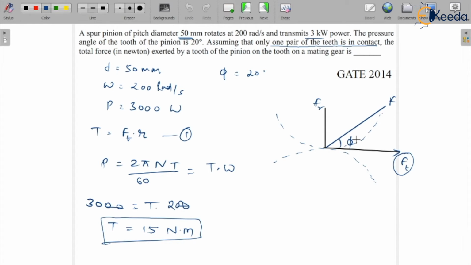Now we know that phi is 20 degree, and we know that this is Ft, so we can get the value of F. We can write Ft is equal to F cos phi, yes or no? Because Ft is the horizontal component of this total force.